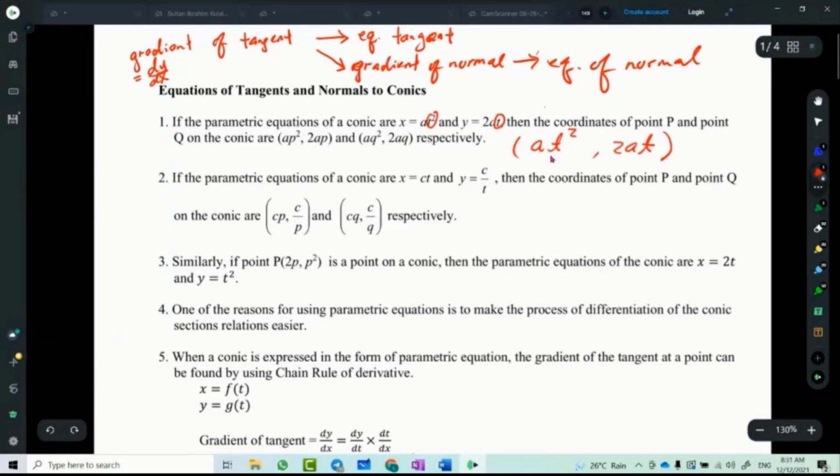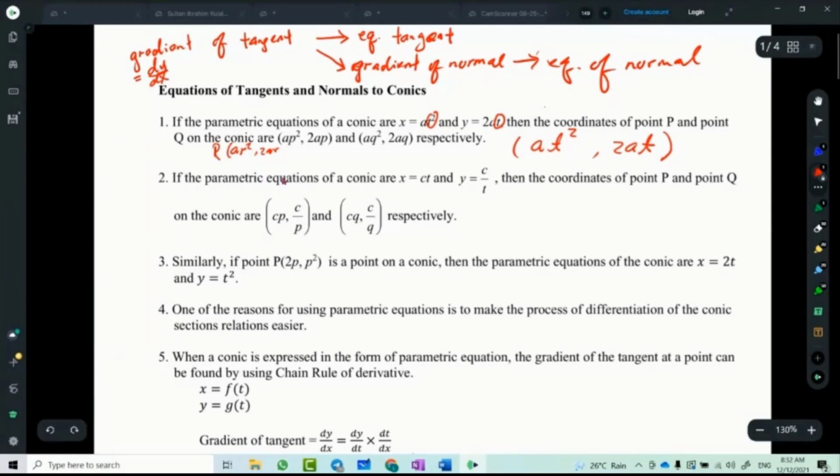Okay, kalau saya tak tunjukkan kepada mana-mana point or secara general, so we use T. Okay, secara special kita ubah parameter mengikut point dia. Ini like that. Sama juga kalau you ada satu point R, then the coordinate is ar squared, 2ar and so on lah macam tu. Okay, this is the first one.